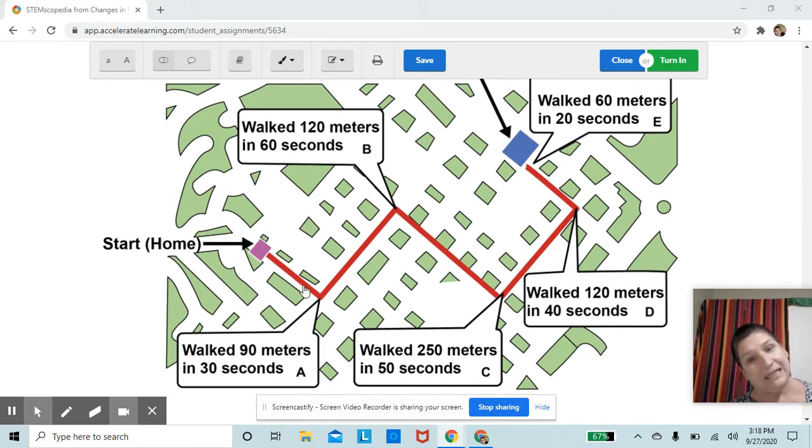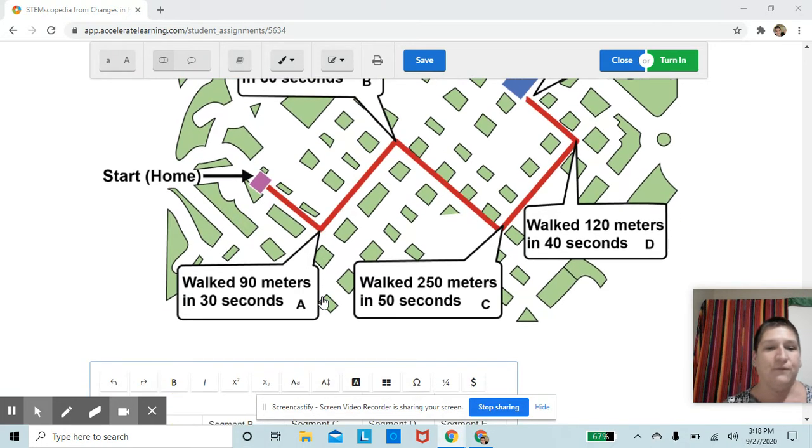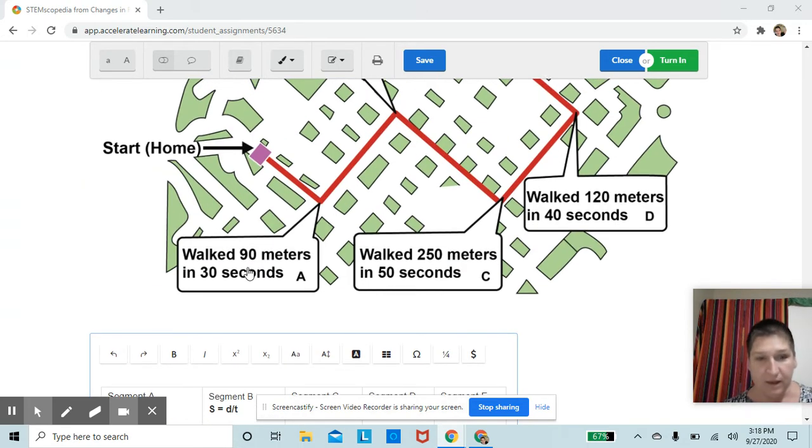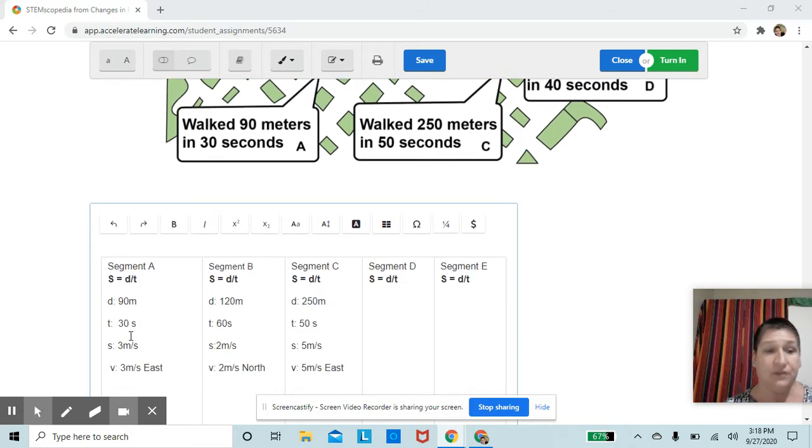I traveled east. So for my first box, segment A, I wrote this in for you already: 90 meters in 30 seconds. Then I simply asked, how many times does 30 go into 90?